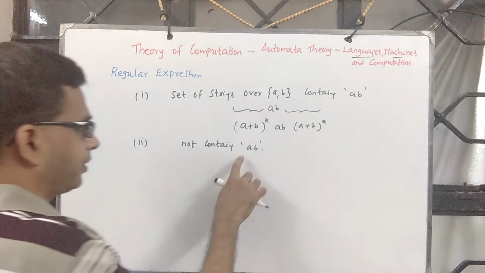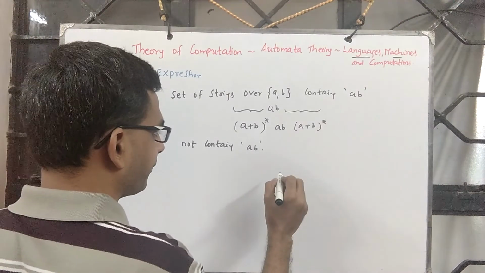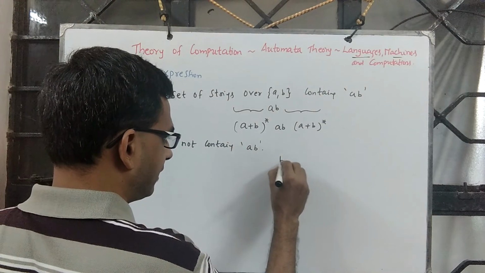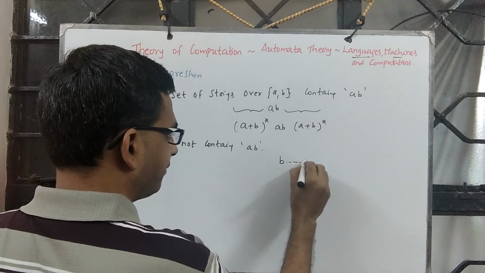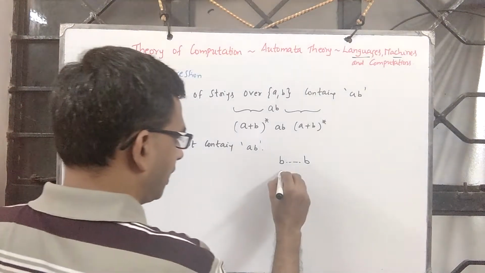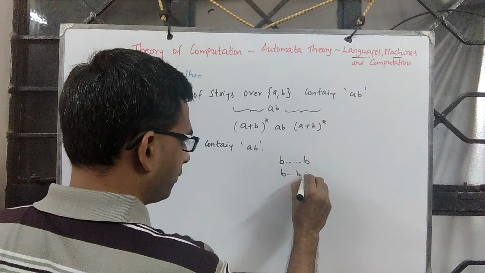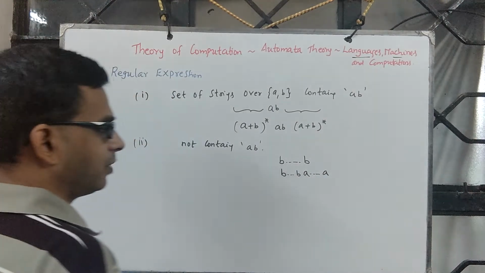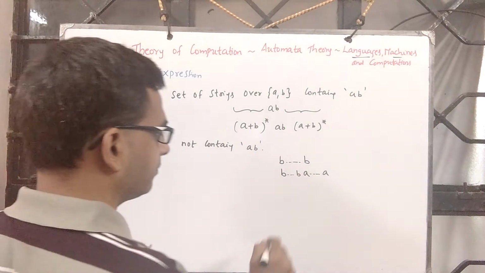Now, if you look at not containing ab, it means I start with b and I can read any number of b's, or I start with b's followed by any number of a's, but the moment you read a, you are not supposed to read a b.